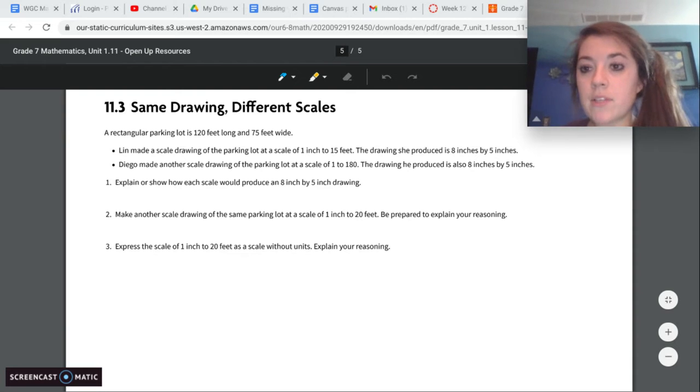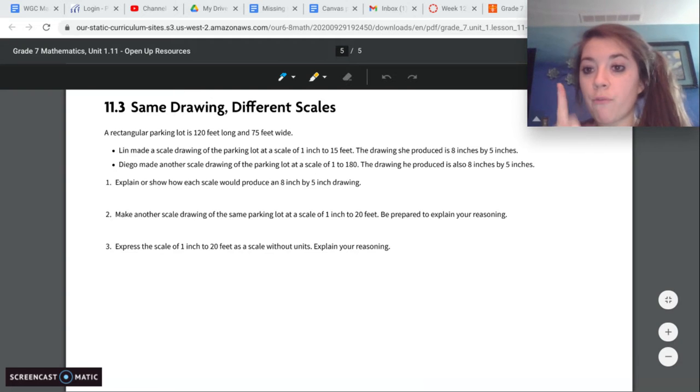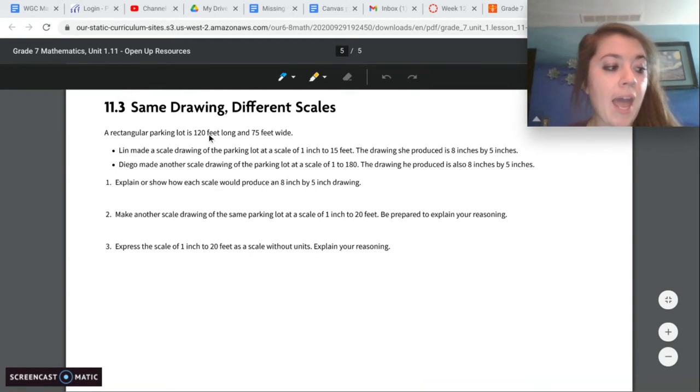So in Lynn's case, Lynn's is the easy one to think about, as we have the actual unit of measure. For every 15 feet in the actual, we have 1 inch in the scale drawing. So if we take 120 and divide it by 15, that's how we get our 8 inches. And then 75 divided by 15 is how we get our 5 inches.